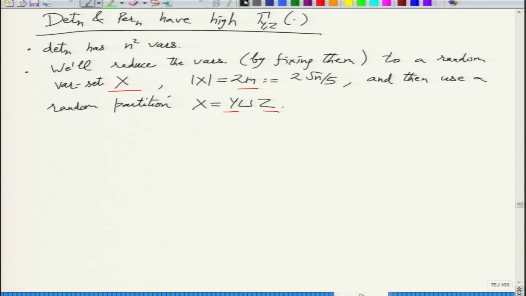Okay, that's how we'll do it, and then we'll show that the measure gamma with respect to this, evaluated on the restricted determinant, is high. We started with n square variables for the determinant and reduced them to 2m, and if the determinant had a depth 3 circuit, then there also the variables will reduce to 2m.